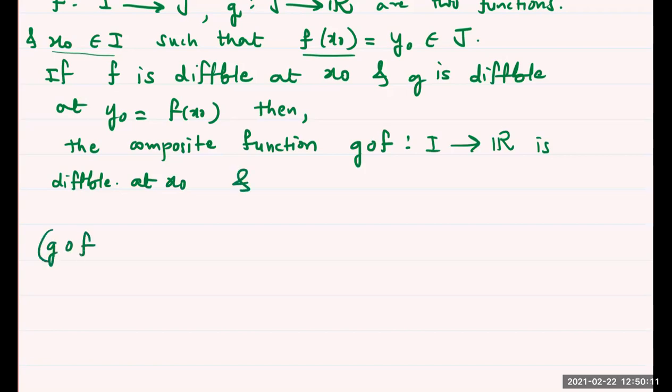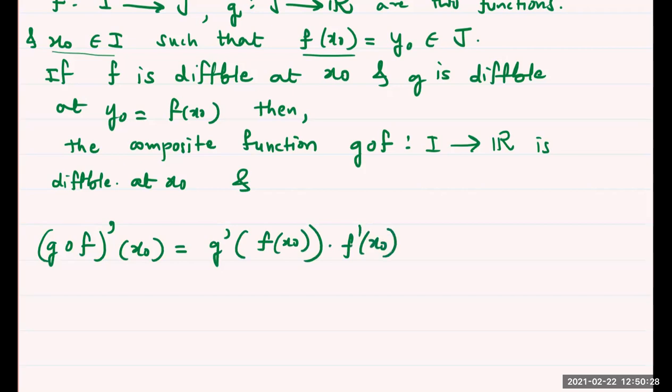And the formula is like this: the derivative of G∘F will obviously come at x naught, which is g dash of f of x naught into f dash of x naught, which can also be written as g dash at, what is f of x naught, here f of x naught is my y naught, so I can write g dash at y naught into f dash at x naught.